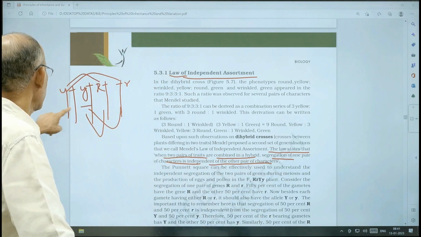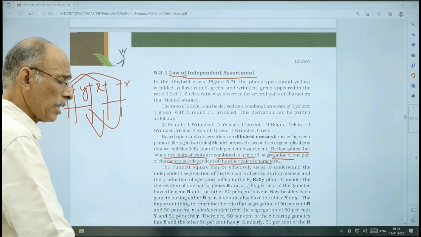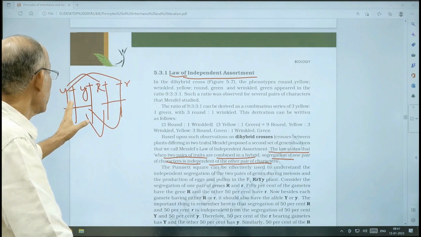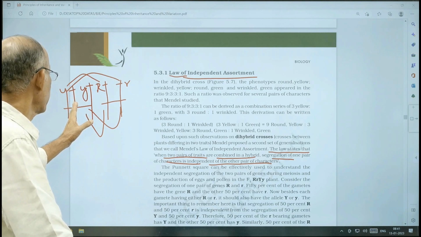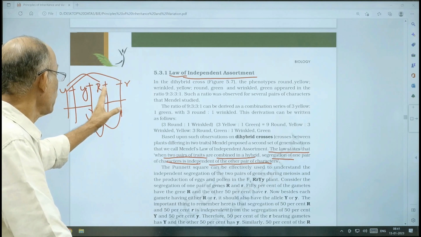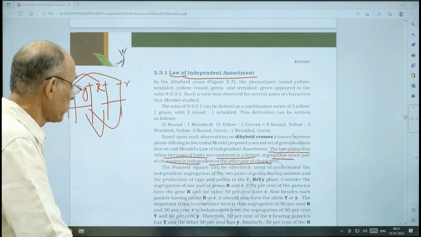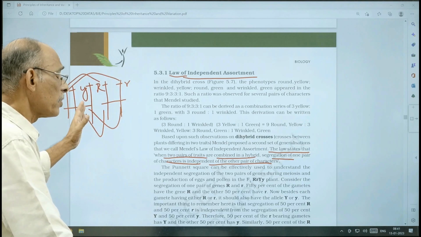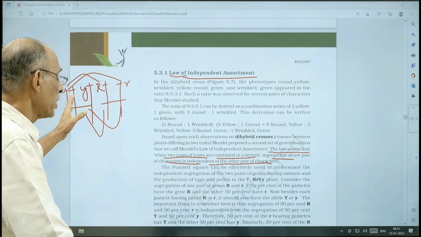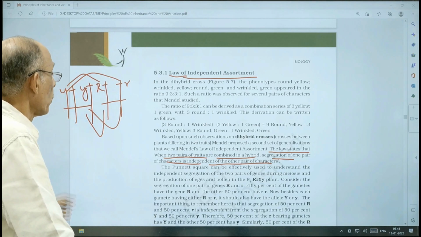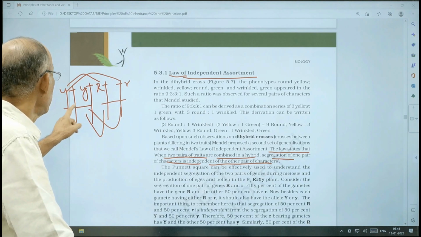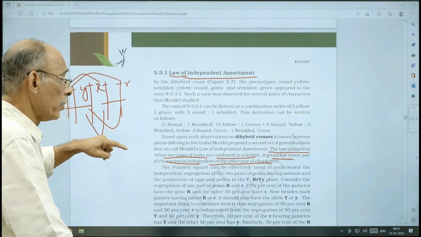One pair of characters, color, is independent of seed shape. Capital Y is situated on a separate chromosome, R on another chromosome, small r on another chromosome. So during meiosis, when segregation takes place, each one can go for different kinds of combinations. That is why Mendel obtained two parental types and two new types.